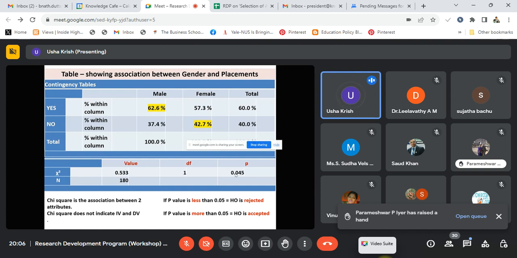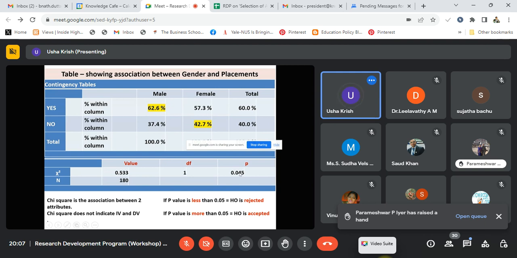So, how to write the interpretation? Before explaining that, let me tell you one thing. You all know, I think, if p value is less than 0.05, null hypothesis is rejected. If p value is more than 0.05, null hypothesis is accepted. So, taking this as the base, we have to decide whether the hypothesis is accepted or not.